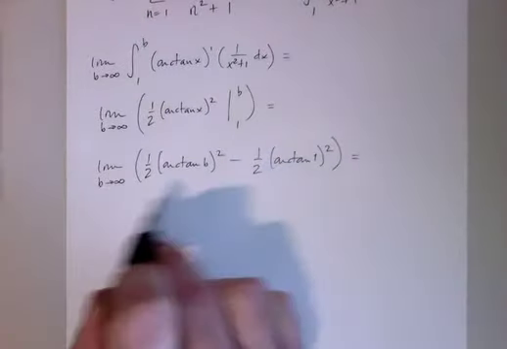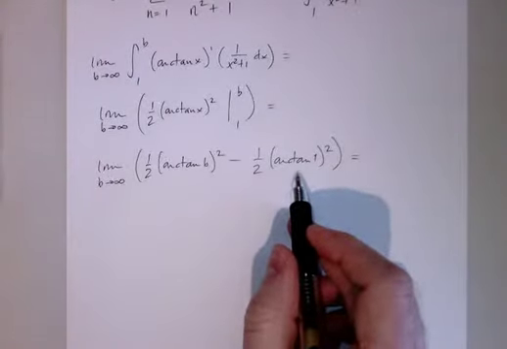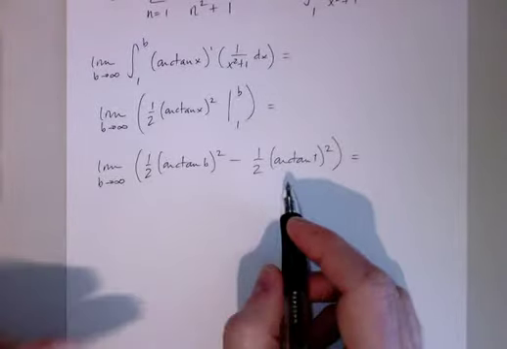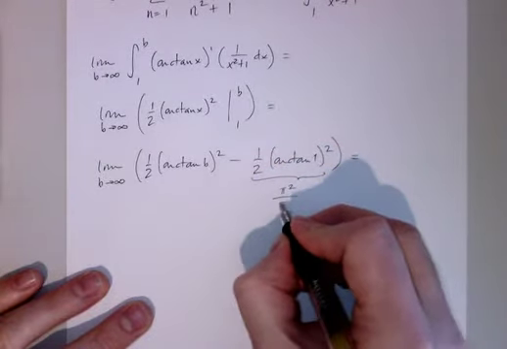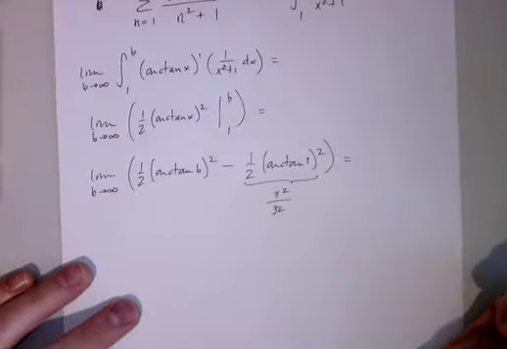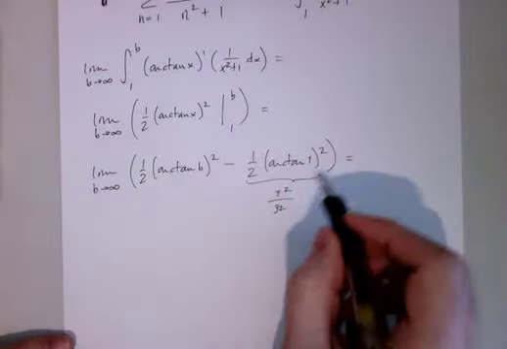Well, here's the thing. As b goes to infinity, nothing's going to happen to this. Arctan of 1 is pi over 4. Pi over 4 squared is pi squared over 16, and that winds up being basically pi squared over 32. As b goes to infinity, that's a constant.